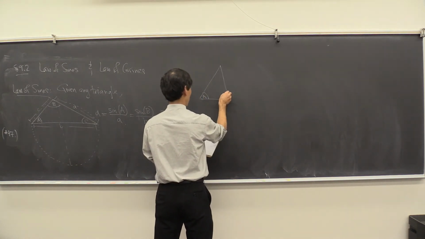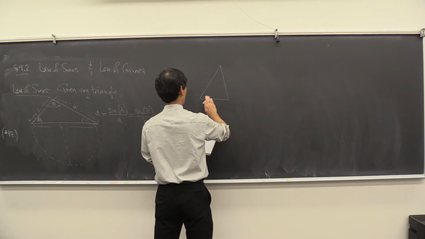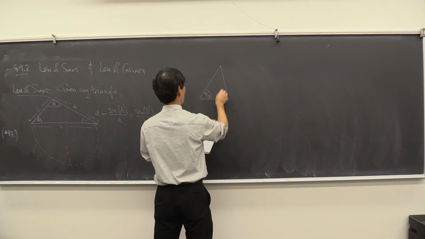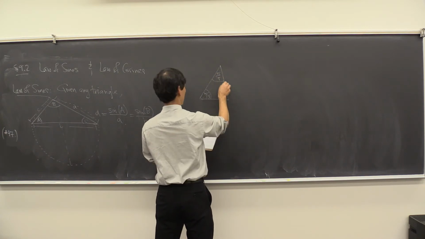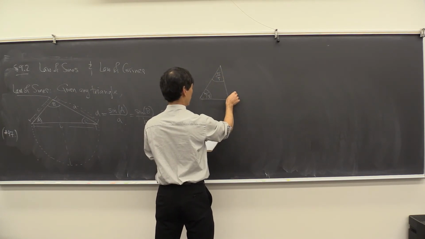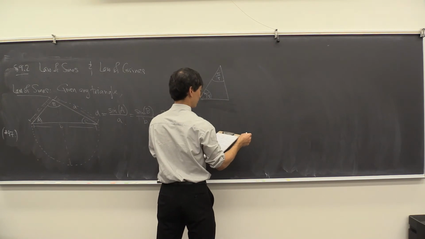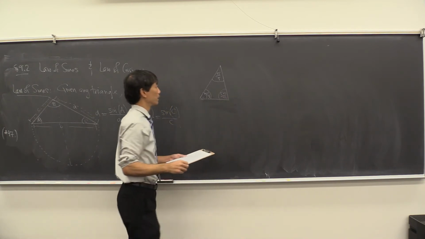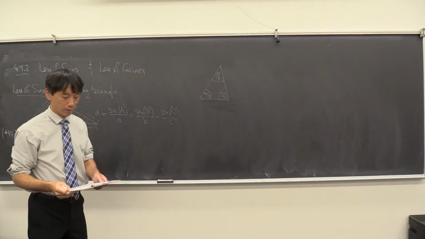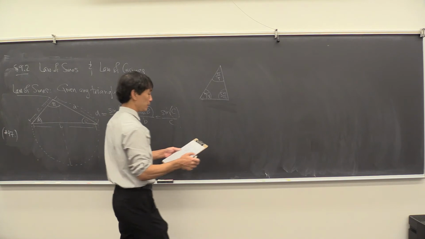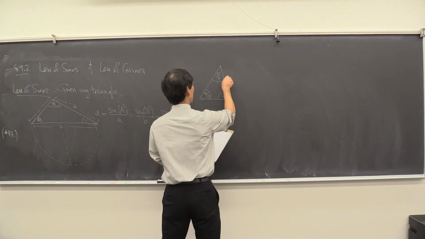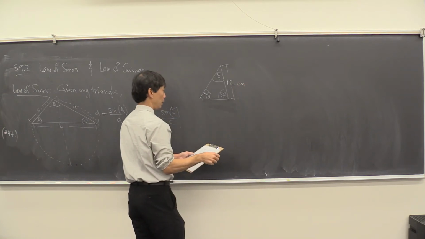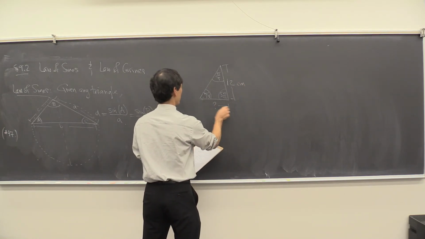You're given a triangle with angles pi over 3, pi over 4, and some last angle, 5 pi over 12. You know that this length here is 12 centimeters, and they'd like you to figure out this length.